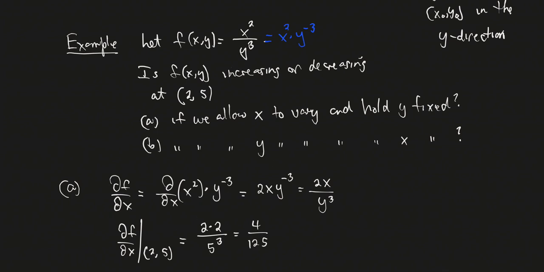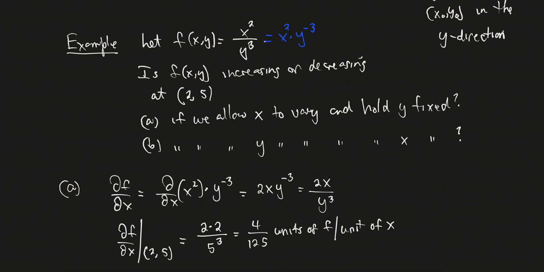Again, I didn't give any units here, but this is a rate, right? Rates always have units. So technically this would be units of f, or z if you wanted to use z, per unit of x, because it's only the x variable that's changing. So per unit of x.